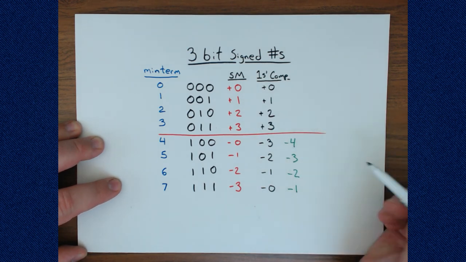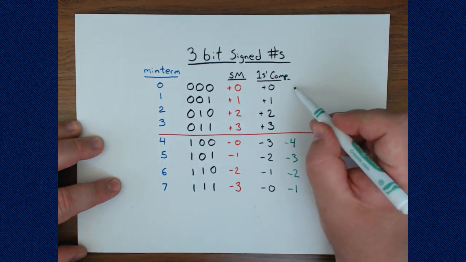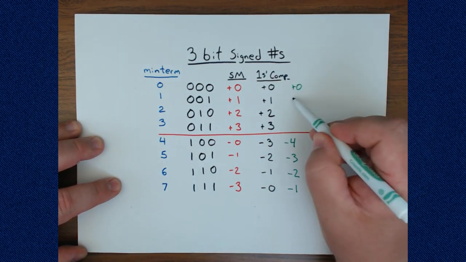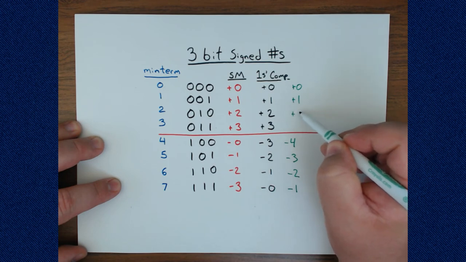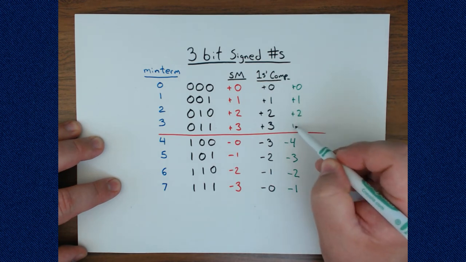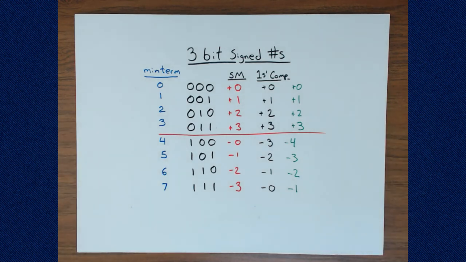Now, of course, we're going to leave the top of this unscathed so that all the positive numbers in our representation look just like they do in the same number of bits in an unsigned representation.